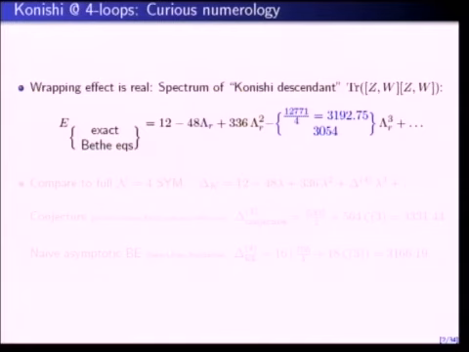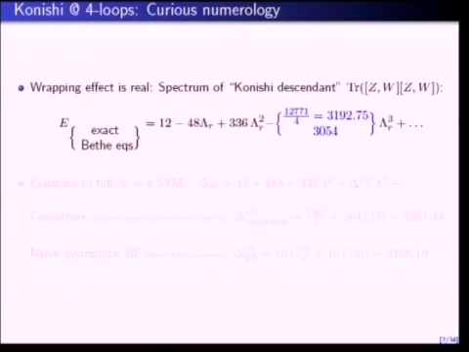And moreover, you can see in this 4 loop study that this wrapping effect is real, namely that if you compute the first state which is affected by wrapping, this so C and W are now complexified scalars of this. Well, there's a set of 6 and 3 scalars.